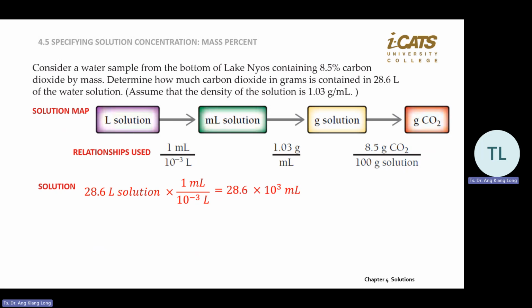This one is a little bit reversed. You can convert the 1.3 gram over ml to gram over liter, or on my slide here, the answer is given in ml. Either way also can, as long as you are able to find the final answer. Once you convert, in 28.6 liter of water, you are able to find it is 29.458 times 10 power 3 gram.